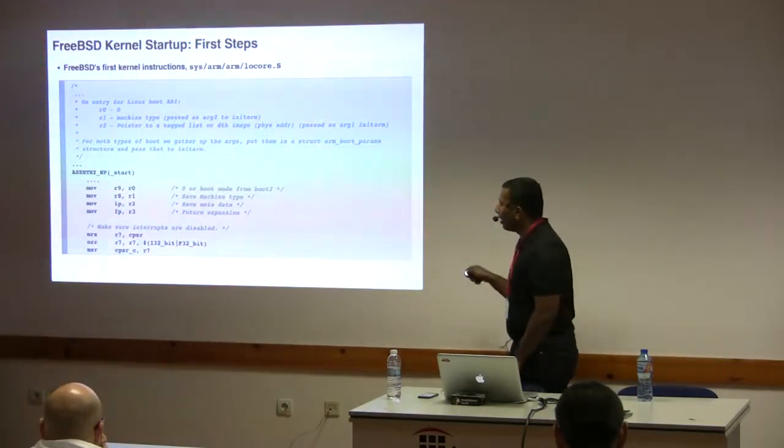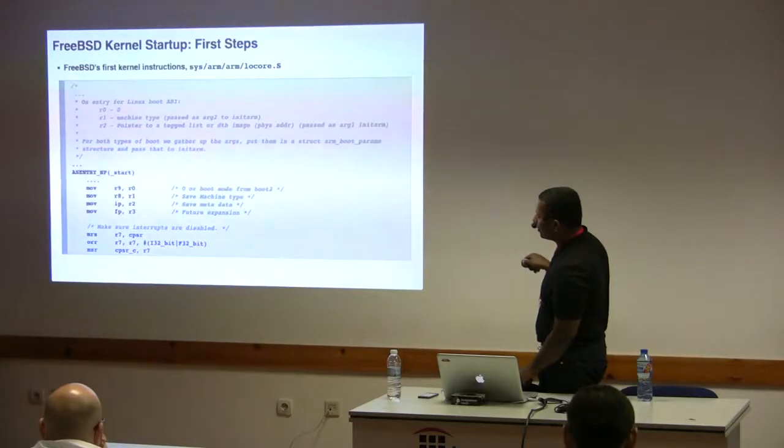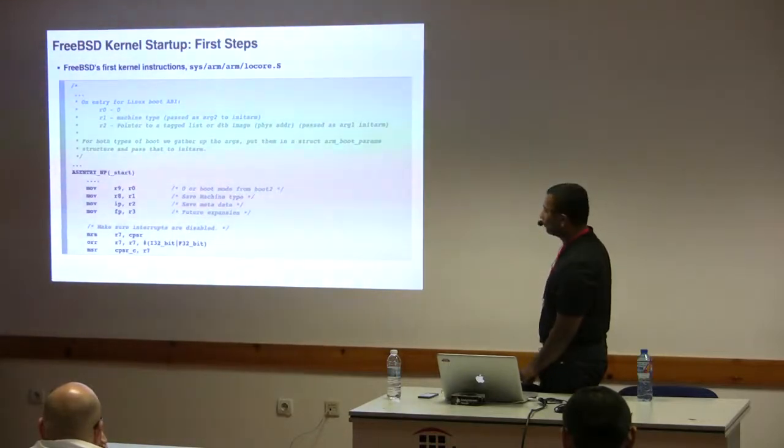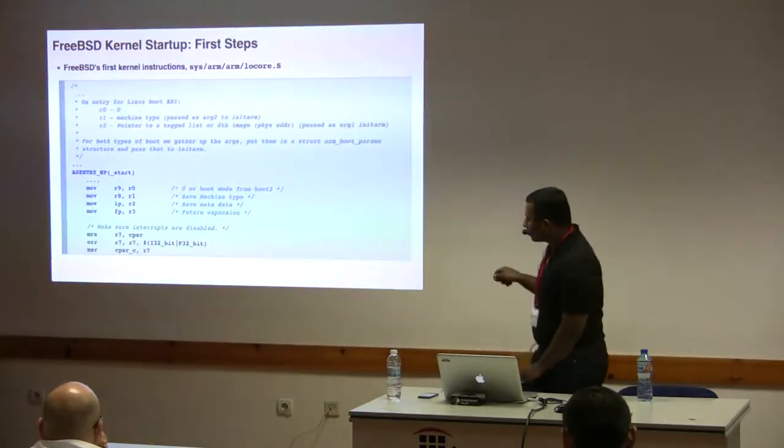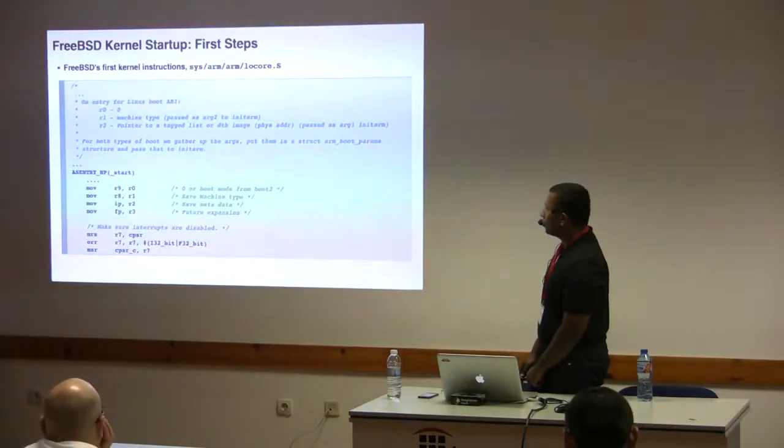So R0 will have the value 0 in it, R1 will have the machine type, and R2 in this case will have a pointer to the DTB image. And if you read this comment, all this stuff actually gets passed to initarm in the struct arm_boot_params structure. So these instructions down here are basically just saving off these registers, the information that U-Boot gives you.